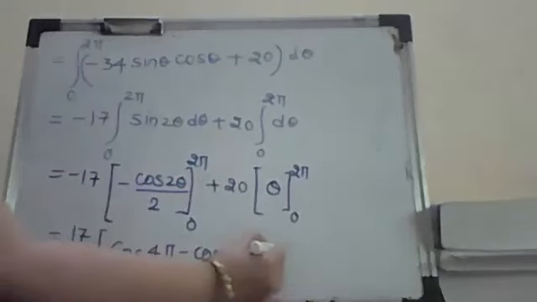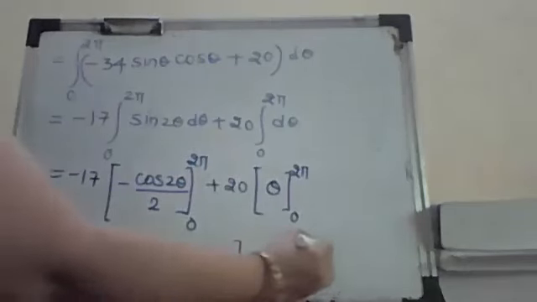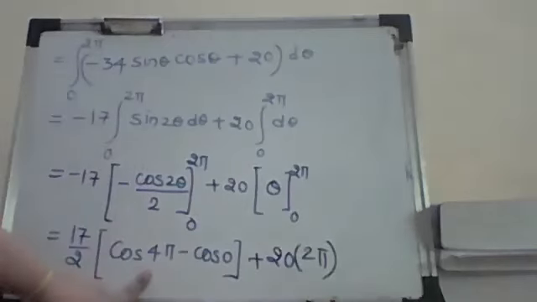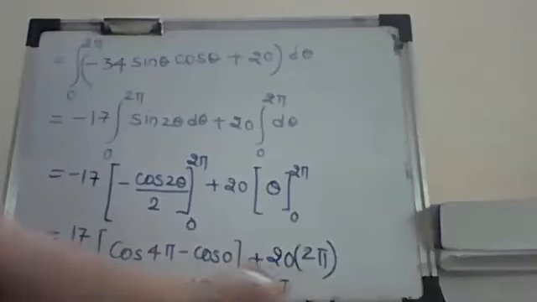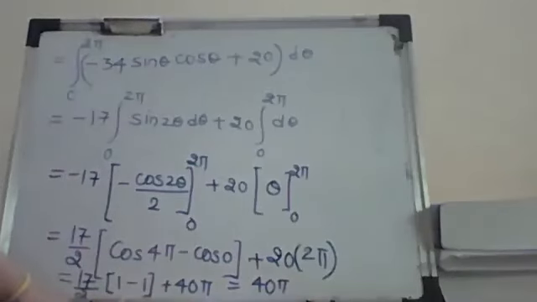So this is 20 times 2 pi. Now what is cos 4 pi? We know that cos 4 pi is 1. Cos 0 is also 1. So we get this term as 17 by 2 times 1 minus 1, and this is 40 pi. So ultimately our answer is going to be 40 pi because the first term becomes 0.